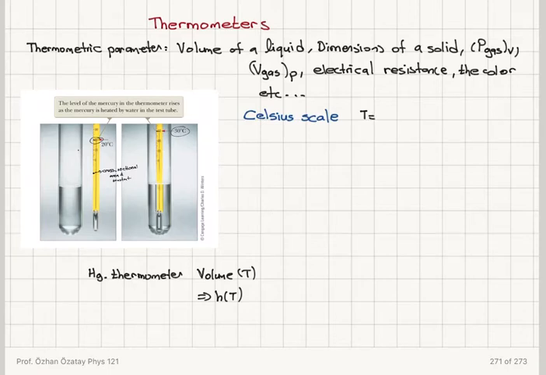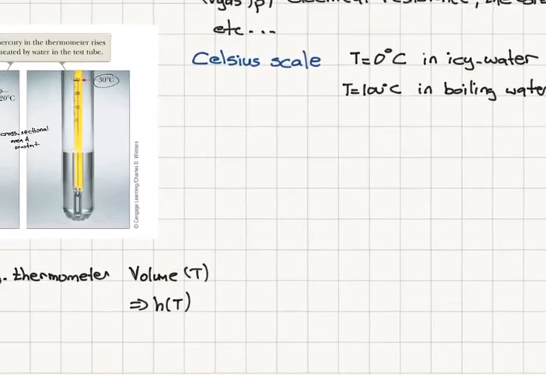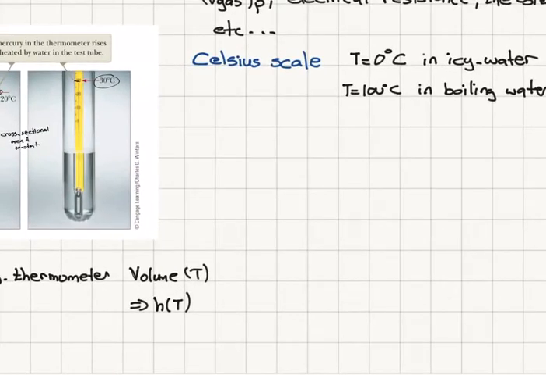When we put the mercury thermometer into icy water, we label the temperature 0 degrees Celsius. This is the melting point of ice or freezing point of water. And we label the temperature 100 degrees Celsius in boiling water.